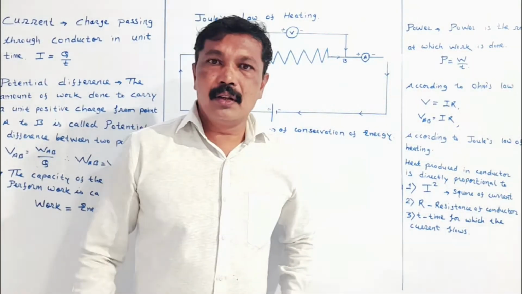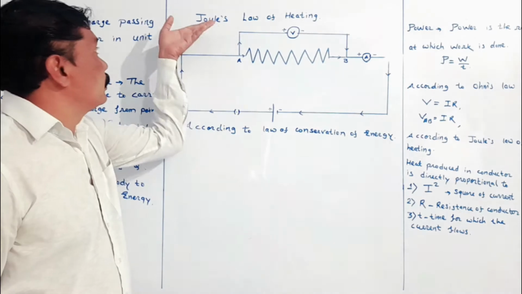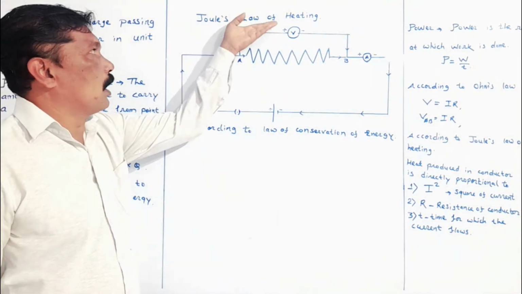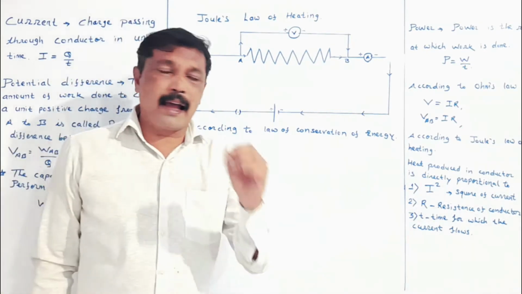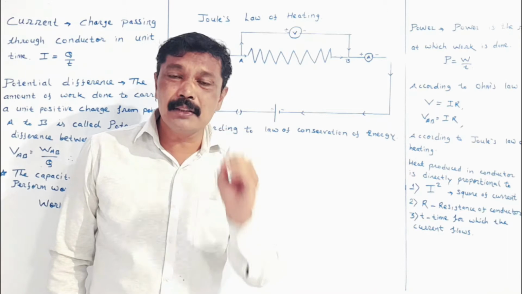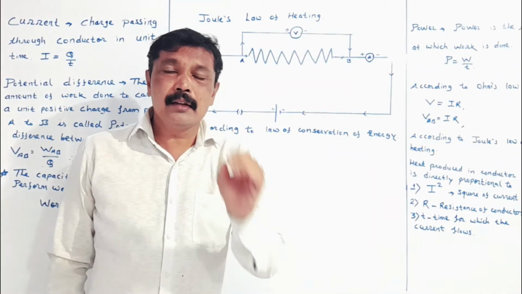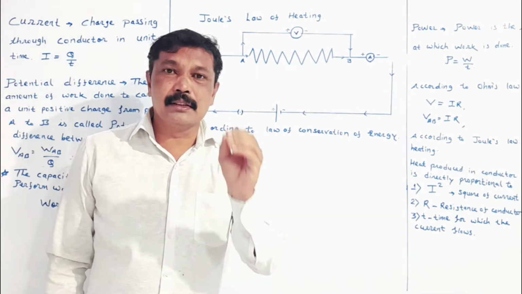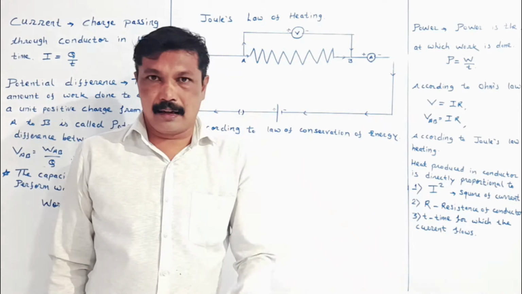Welcome back, student. Today we are going to have brainstorming over Joule's law of heating. My dear student, here I have drawn a circuit diagram. The diagrammatic representation of various components in a circuit is called an electric circuit diagram.